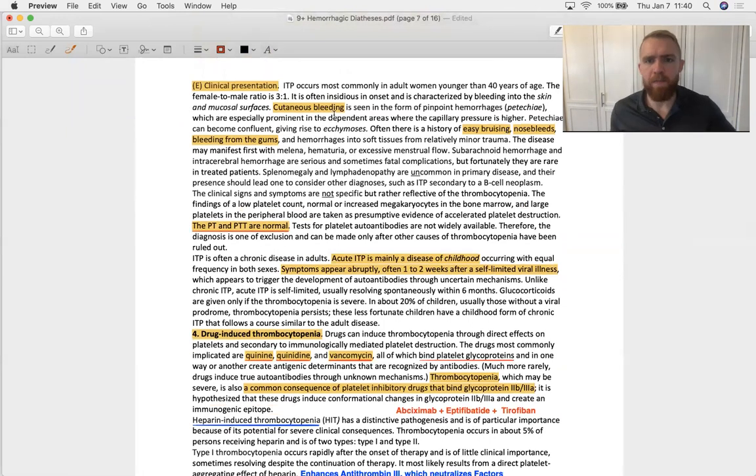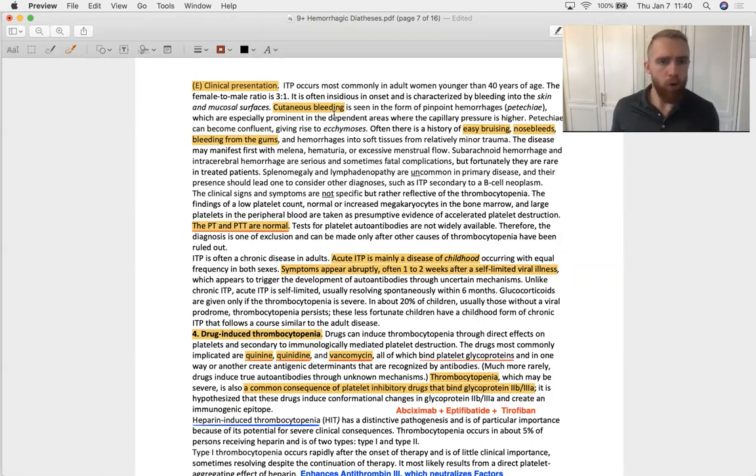Clinical presentation, good paragraph to read again. How do I know the patient's got a platelet problem? Well, small scratches just don't close easily. Prolonged bleeding time is the hallmark test. PT and PTT are normal. Often there's a history of easy bruising, nosebleeds, and bleeding from the gums.